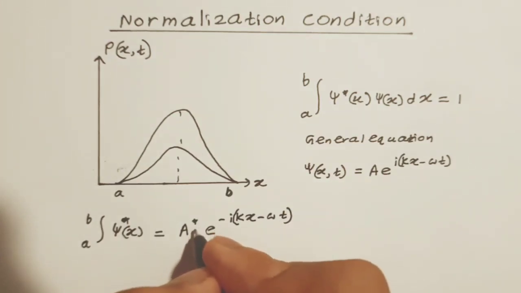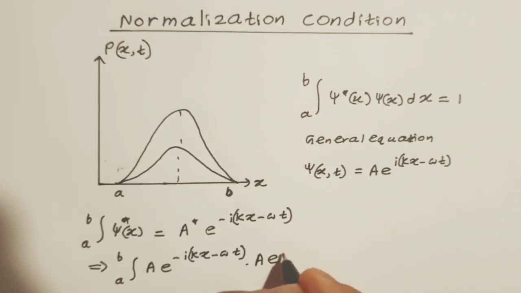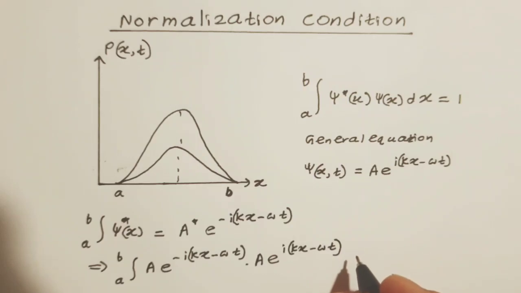But here A is always a real term, so we can consider this to be A. So we further simplify this down, from A to B: A times e to the power minus i(kx minus omega t) times A times e to the power plus i(kx minus omega t). Now when we get this particular term, we can see that the product of A times A becomes A squared.